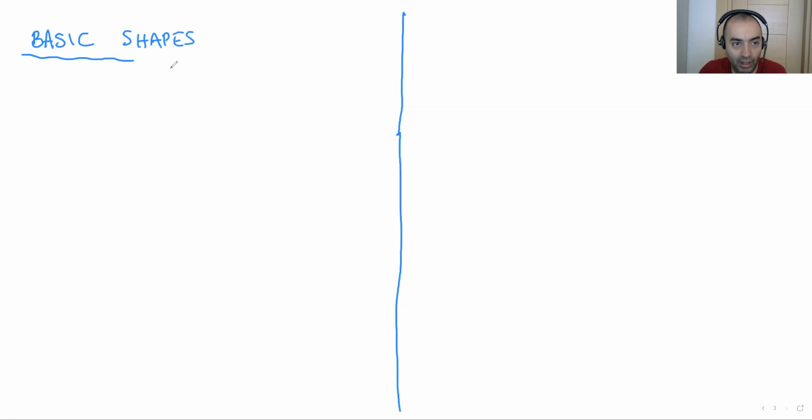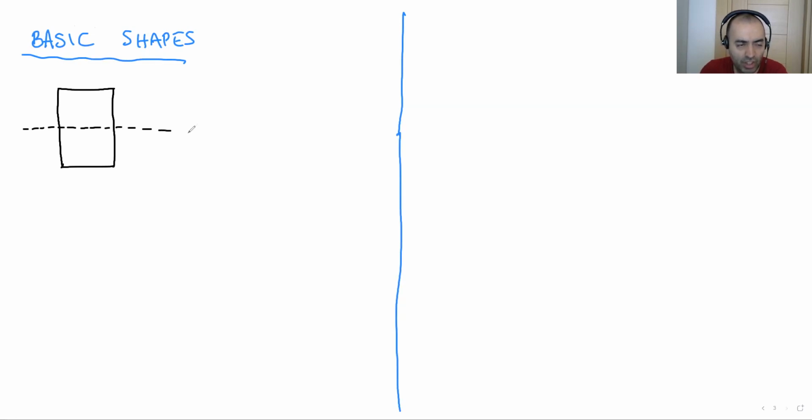The most well-known one is the rectangle. If I have a rectangle, please take a look at this part, try to understand what I'm doing.